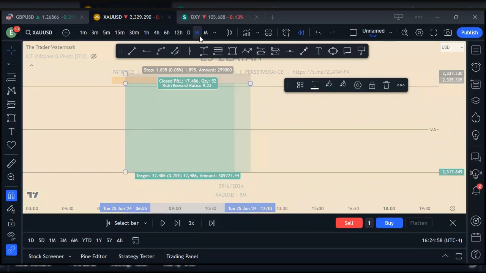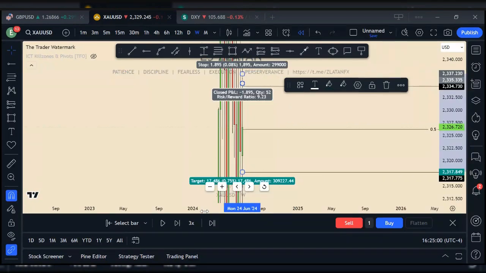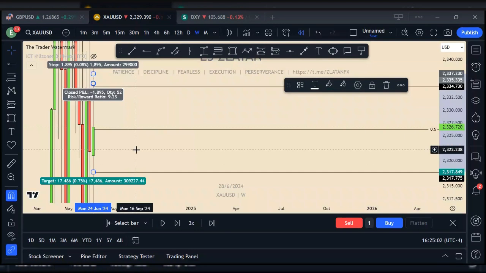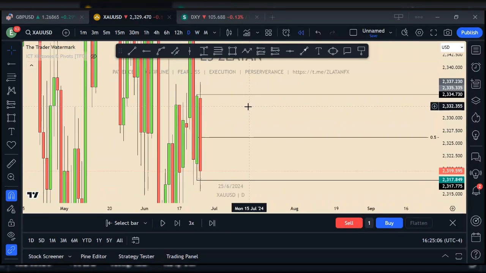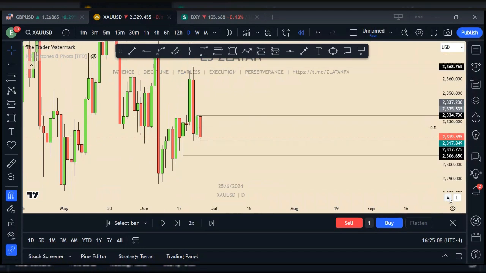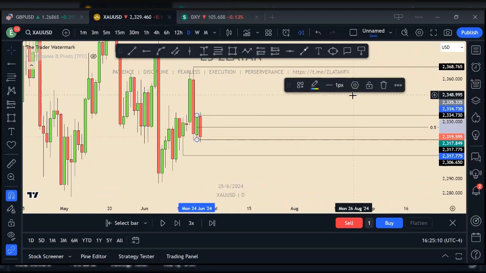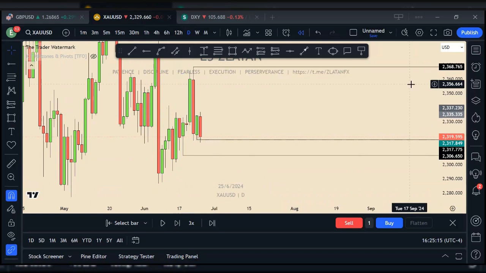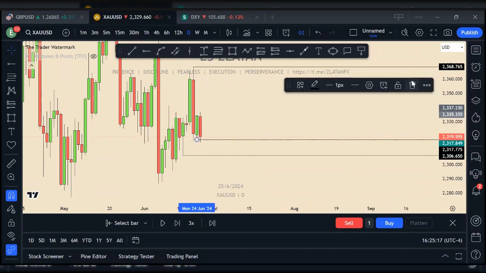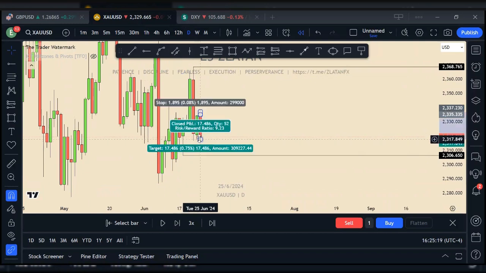Remember to keep an eye on what you are looking for on the weekly chart. Perhaps why you will clear this drawing because you're done, right? You're done with Monday. So you don't need it again.